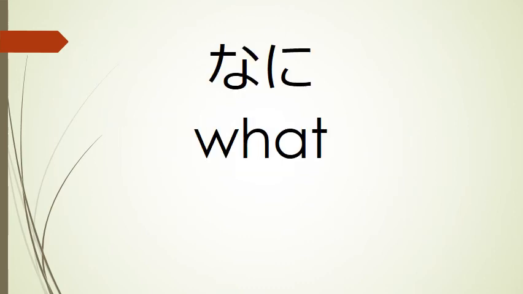So our first word is nani, which means what, and the kanji you're going to use to write this word is the kanji for what. And there we go, nani, what.